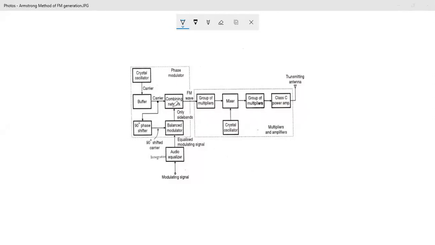So what is the working of this overall block diagram? Firstly, we need a carrier. Instead of the tank circuit, which consists of an LC circuit, a crystal oscillator is used, and this crystal oscillator is much more stable than the tank circuit or the simple oscillators which we have used.